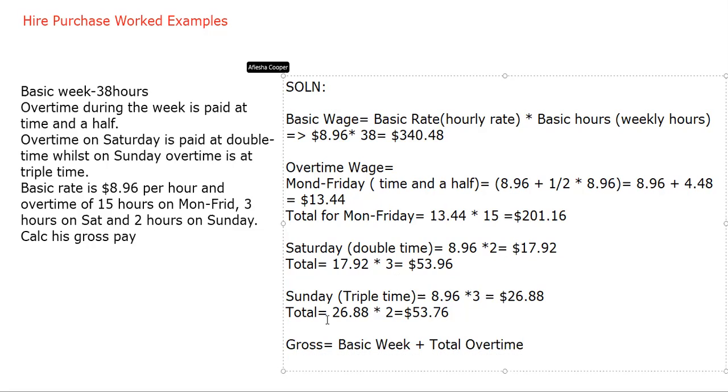What's his basic week at the top? 340.48 plus the first overtime we have, 201.16, plus the next one, 53.96, plus the last, 53.76.